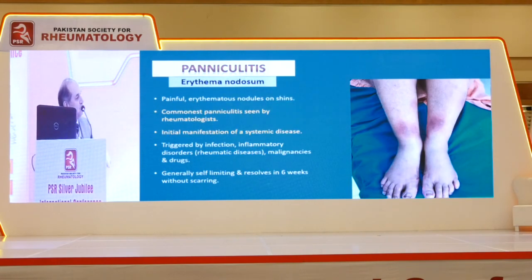Erythema nodosum, we all know, presents as painful, tender nodules over the shins. This is seen in so many diseases, like sarcoidosis, tuberculosis, but also in connective tissue diseases like SLE and dermatomyositis.